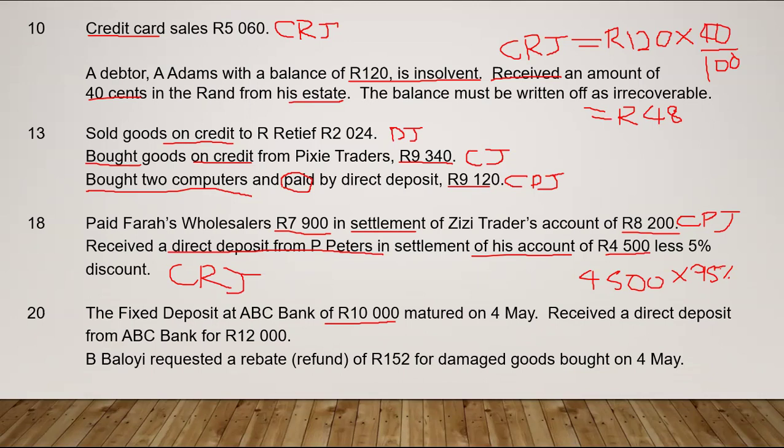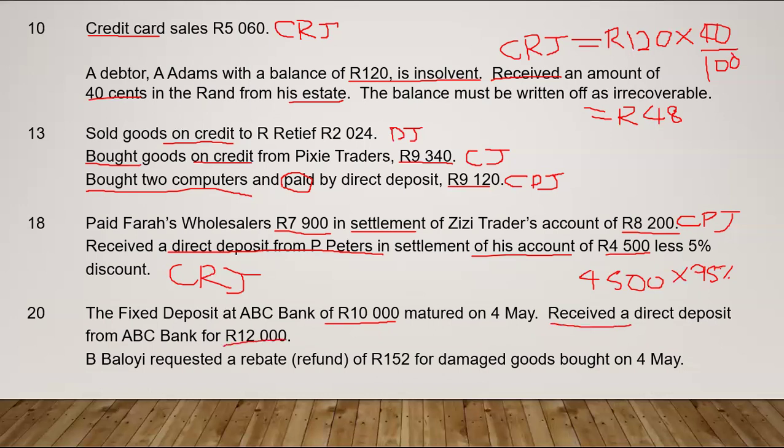From the beginning, when we started with the definitions, you would have noticed that fixed deposit falls under assets. It is a non-current asset. It is a financial asset. Now that fixed deposit is coming back to us. However, it is not coming as 10,000 rand. It's coming back to us as 12,000 rand.